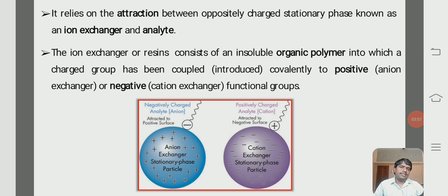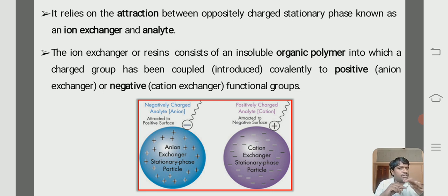See, this technique, ion exchange chromatography, relies on the attraction between an oppositely charged stationary phase, known as an ion exchanger, and an analyte. Analyte is nothing but a mixture of components which are dissolved in a suitable solvent.